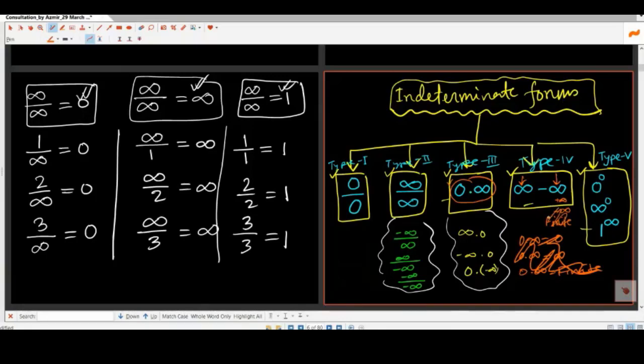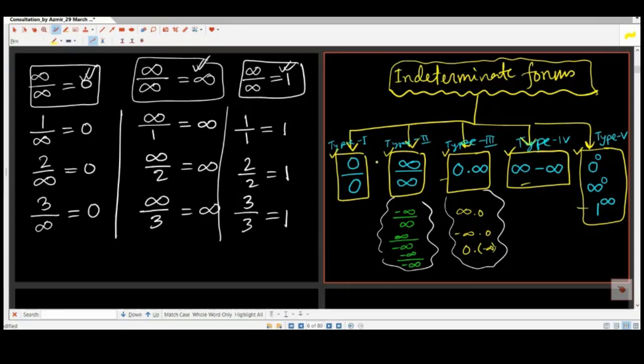So this is how we can say that 0 times infinity and infinity minus infinity are indeterminate forms. Similarly, we can think about 0 to the 0, infinity to the 0, 1 to the infinity. These are also indeterminate forms.